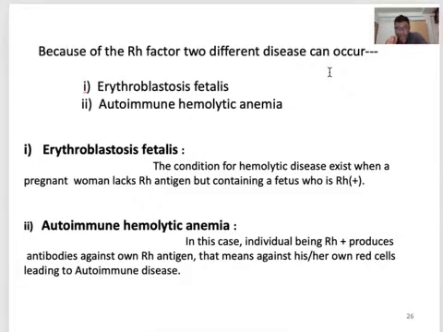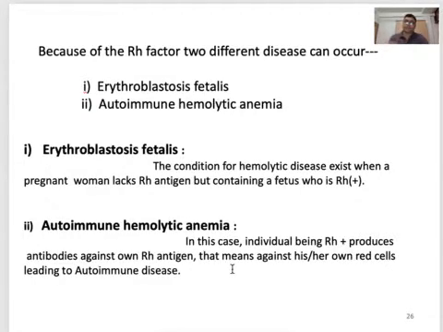Because of the Rh factor, two different types of hemolytic disease can occur. One is erythroblastosis fetalis and the other is autoimmune hemolytic anemia. You already know erythroblastosis fetalis. So what is autoimmune hemolytic anemia? In this case, individuals who are Rh positive produce antibodies against their own Rh antigen, which means against their own red cells, leading to autoimmune disease.